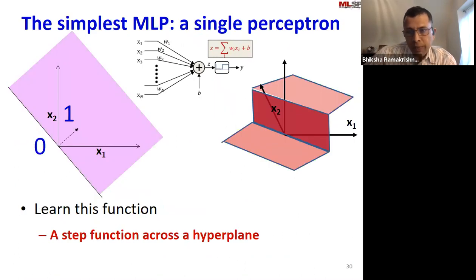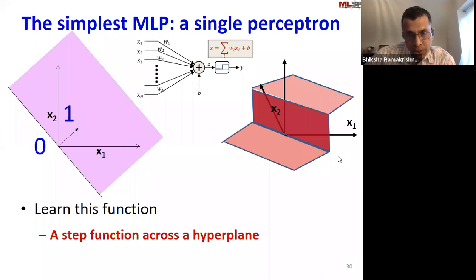So let's start off by considering the simplest MLP, which has only one unit. This we know is basically a linear classifier which captures a linear decision boundary. The actual function itself is the step function, or what is called a Heaviside function. It's 0 on one side of this boundary and 1 on the other side.